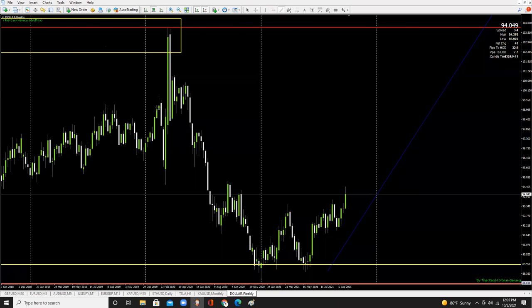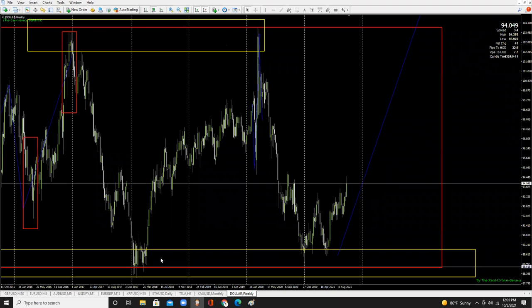It was a drop down, took out buyers, a run up, took out sellers, a run down, took out the new buyers. It's almost like a seesaw or a whiplash. That, with a trap move to the downside, trap move to the upside, and a move all the way down to confirm that resistance.